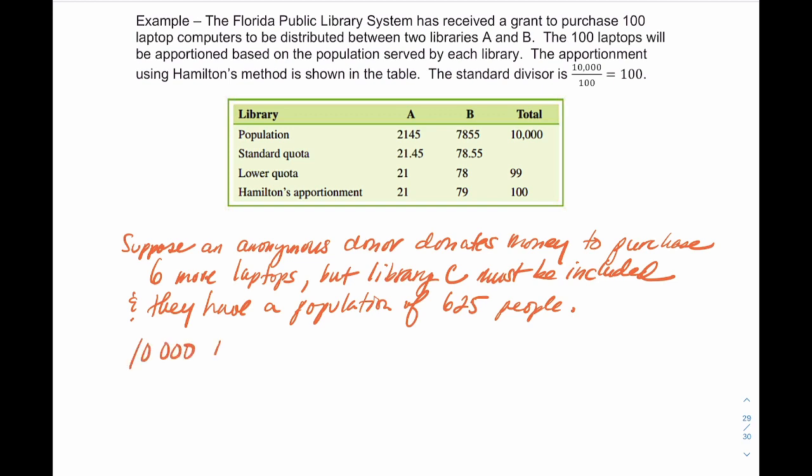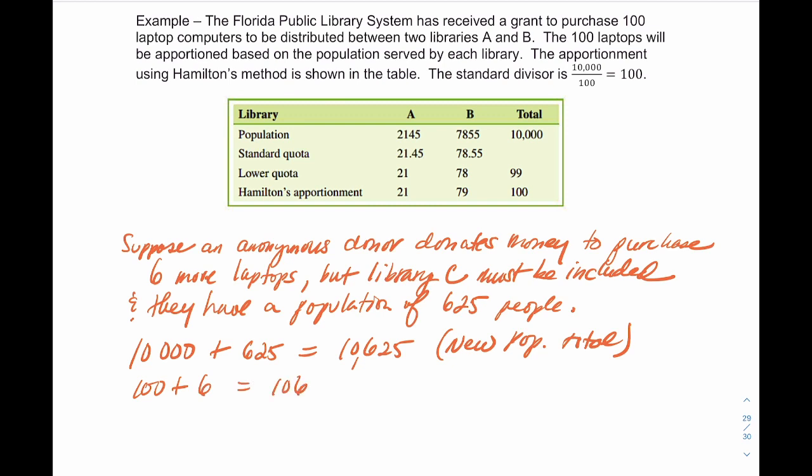The new total would be 10,000 plus 625, so our new population total would have to be 10,625. Okay, and it's no longer 100 laptops, it's 100 plus 6.